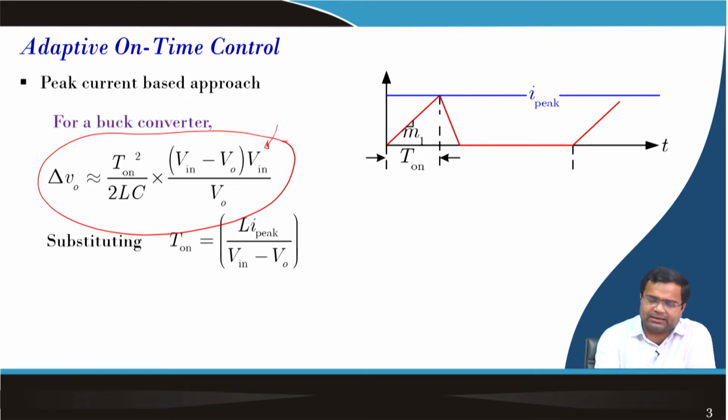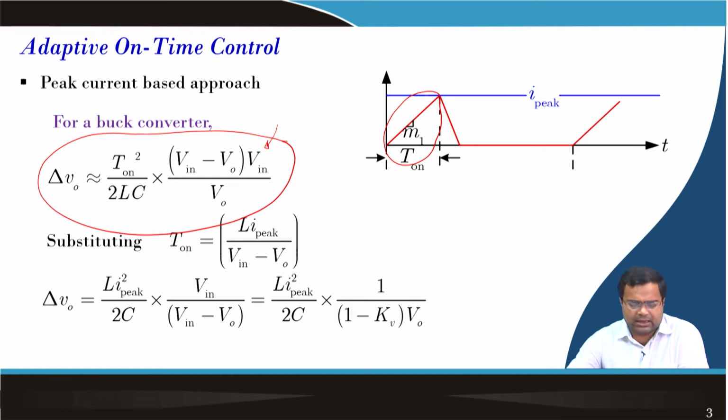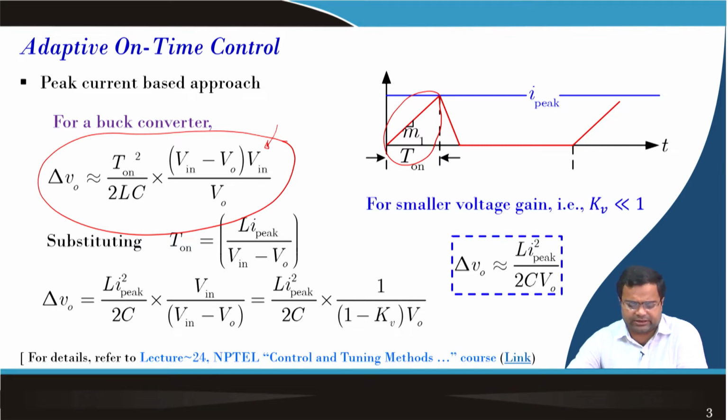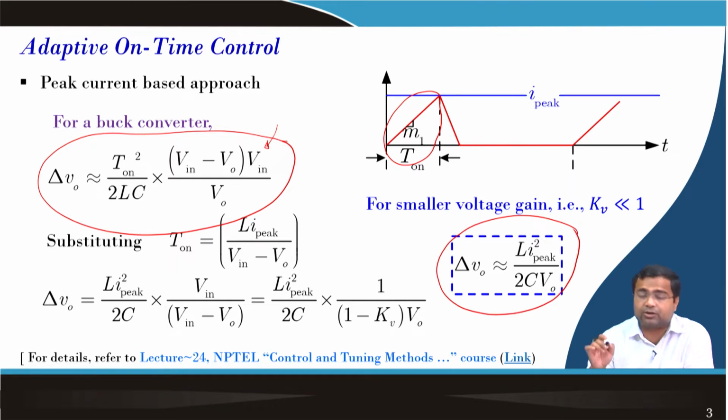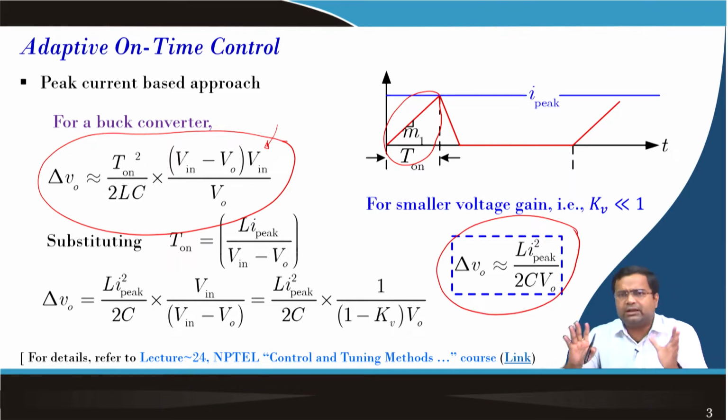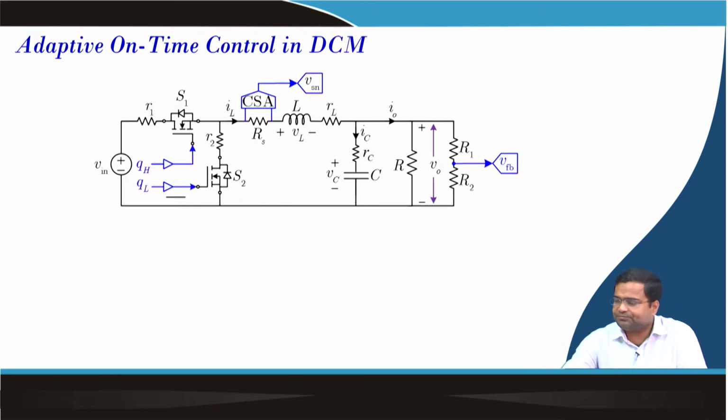Here we are not giving any timing constant from a timer, rather we are using a peak current based constant on time, and as we have already discussed in lecture number 24 in detail, it can be shown that output voltage ripple will be independent of input voltage, and it is already independent of load current. So, this will retain all the good features of constant on time, and at the same time, the ripple can be made insensitive to input voltage.